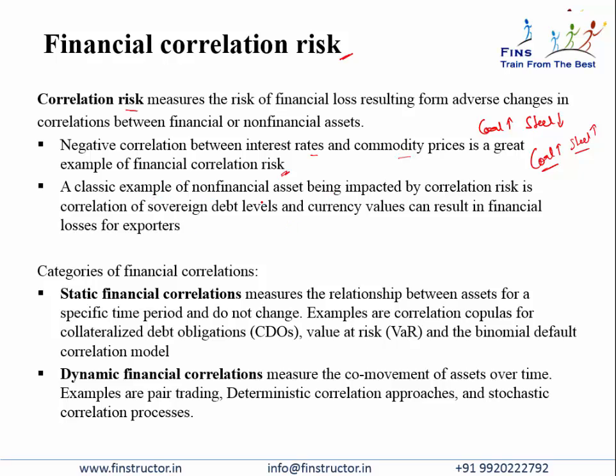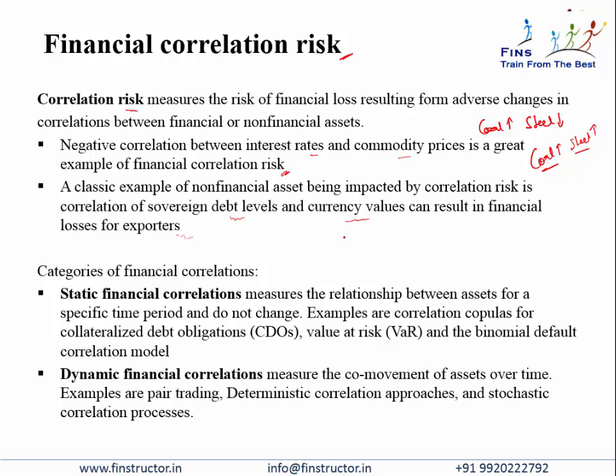A classic example of non-financial assets being impacted by correlation risk is the correlation of sovereign debt levels and currency values that can result in financial losses for exporters. So again, an increase in a country's debt can cause the currency to devalue, and if the currency devalues, then it can be a source of fluctuation for exporters or for importers.